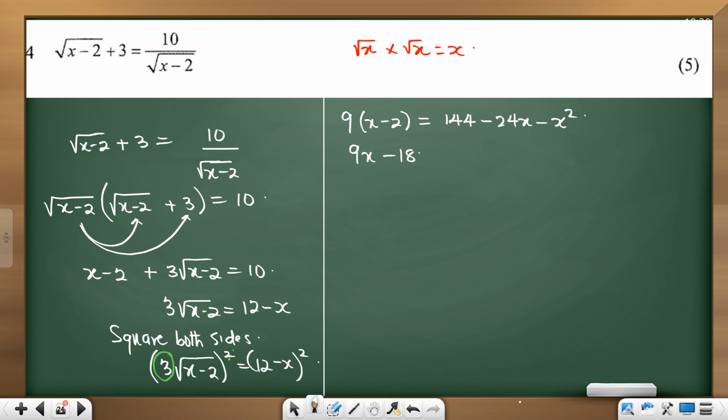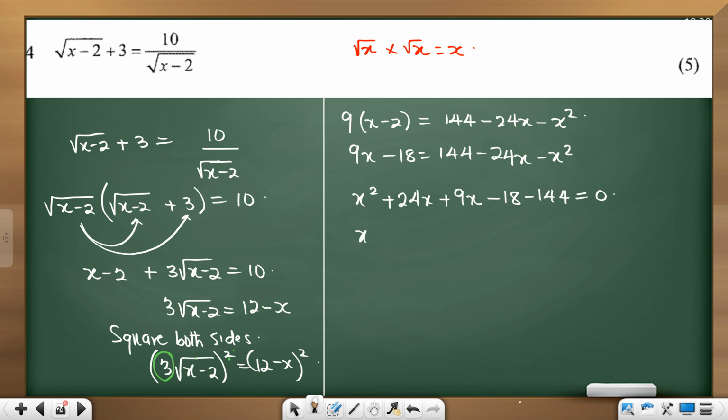9x minus 18, 144. All right. 24x minus x squared. Okay, let's move it to the right-hand side so you guys don't get confused. x squared plus 24x plus 9x minus 18 minus 144 equals 0.